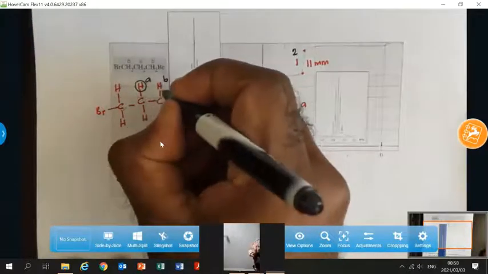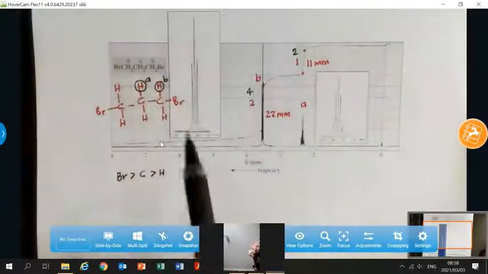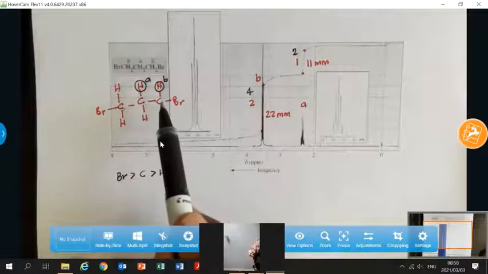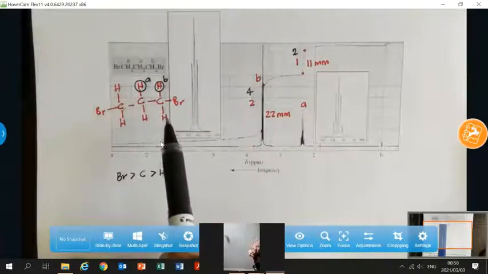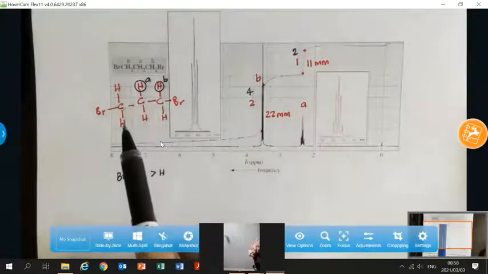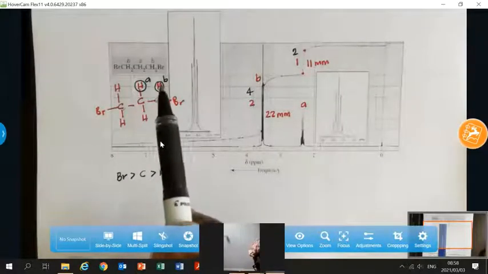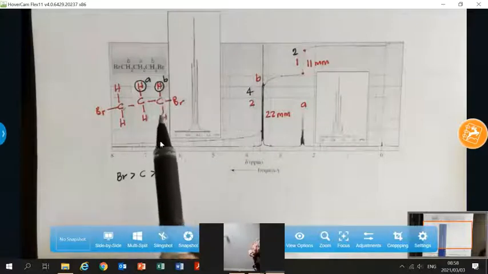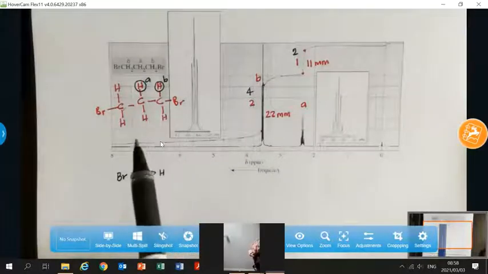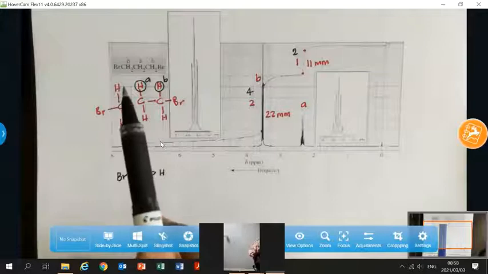Let's look at B. And remember, I'm choosing this particular hydrogen, but this hydrogen is the same as that hydrogen, is the same as that hydrogen. So although I circled this proton here and called it B, I could have circled any one of these protons here, this one, or this one, or this one.